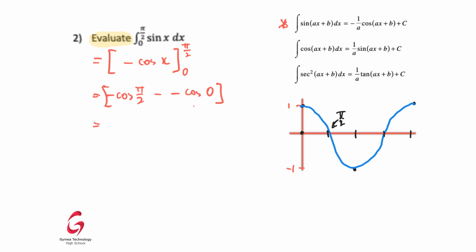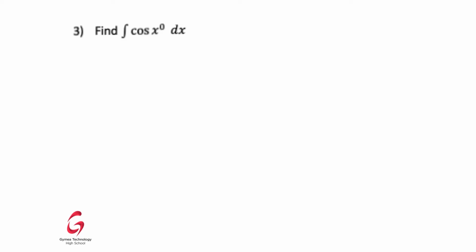To truly evaluate this, negative cos of pi on 2 is just 0, minus cos 0 is going to be 1, so it's negative, so plus 1, which gives us a value of 1, final answer.